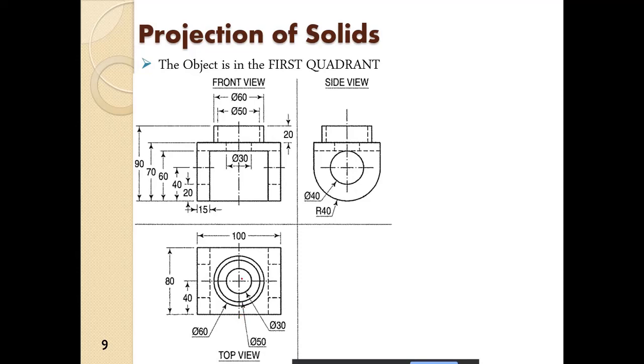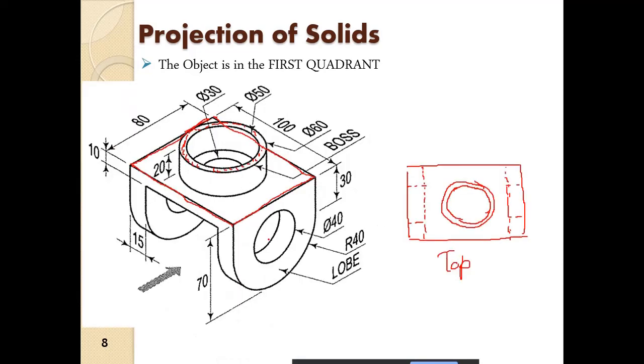Okay, so there is a constriction here, so that has to be shown here. Okay, so this is a diameter of 30 units inside. So this is 50 units and this is 60 units diameter.